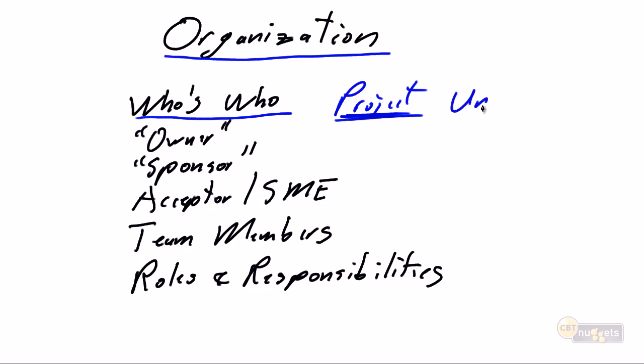Recognizing that projects are unique, and therefore we're going to pull together team members from throughout the organization. There may be team members from the warehousing department. There may be team members from the finance department. There will definitely be team members from the IT department. There will be team members from various other areas. So we need to define the who's who so that everybody knows who's working on the project.